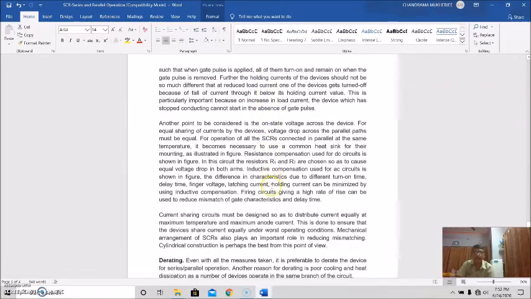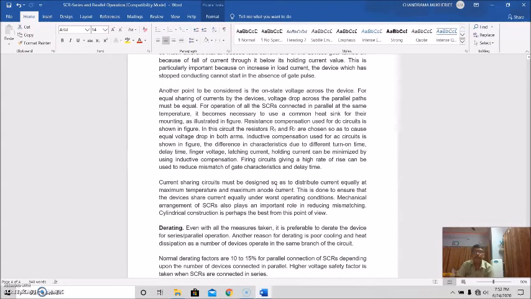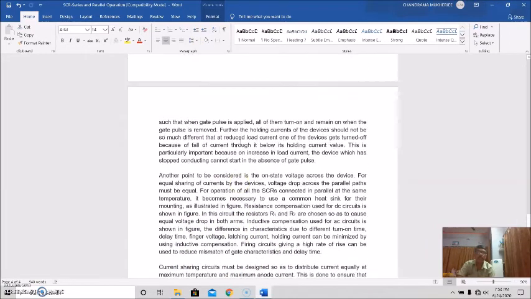So that's also very important. Now, resistance compensation is used for DC circuits, and in this circuit resistors R1 and R2 are chosen so as to cause equal voltage drop in both arms.